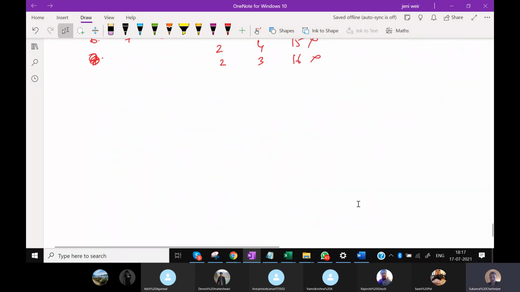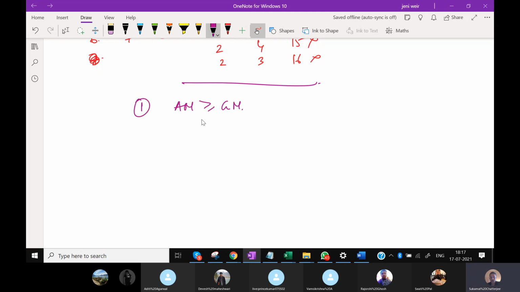Now let me give you some important concepts. So one is arithmetic mean greater than or equal to geometric mean. And this equality will happen only when all numbers are equal.